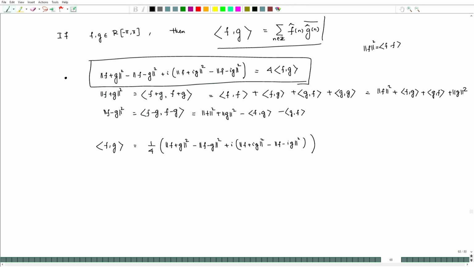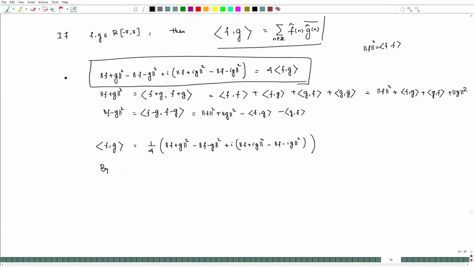So, once you have that, now you apply the Parseval identity that is with us, because we know the value of the norm of f squared, that is the summation over mod of f hat of n squared.